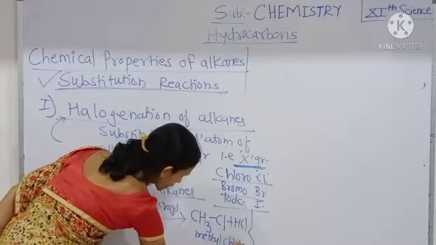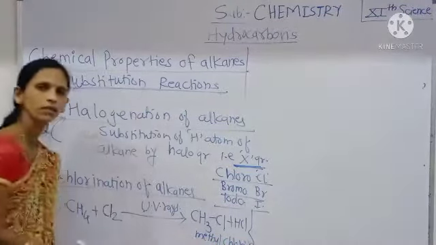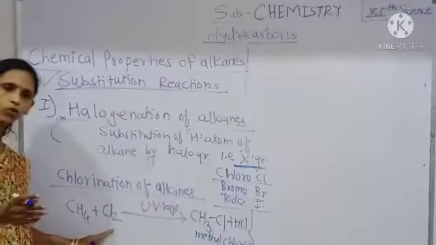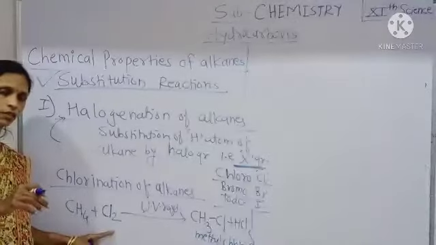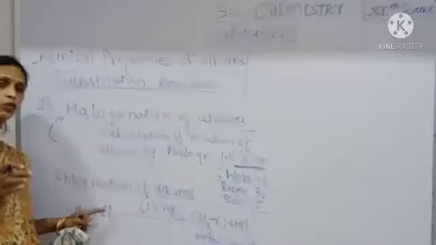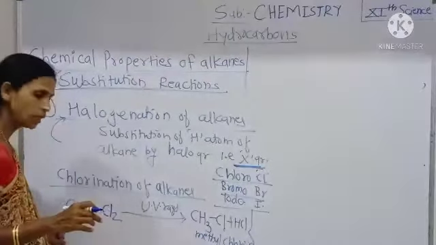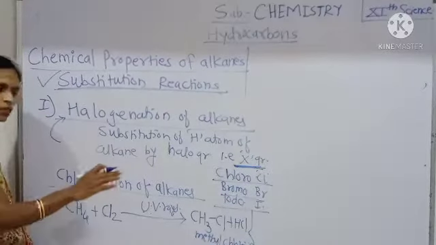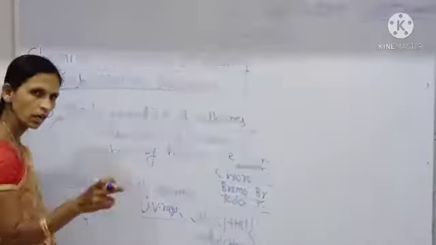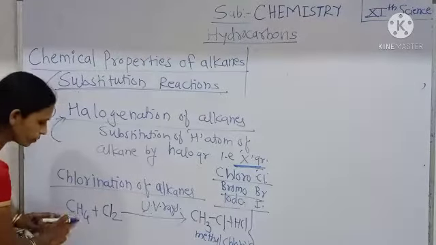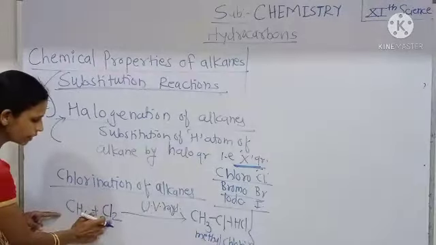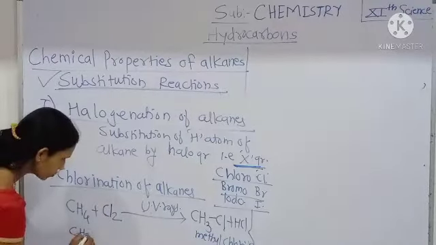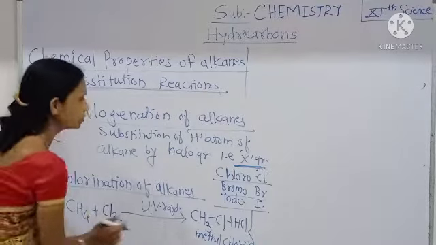formation takes place. But here substitution of one hydrogen by one chlorine atom takes place, and there are 4 hydrogen atoms present in methane. Therefore, the process continues till all the hydrogens of the alkane are replaced by chlorine atoms.